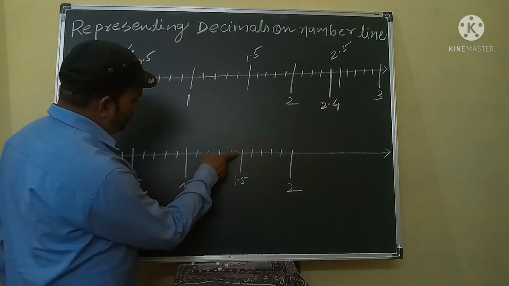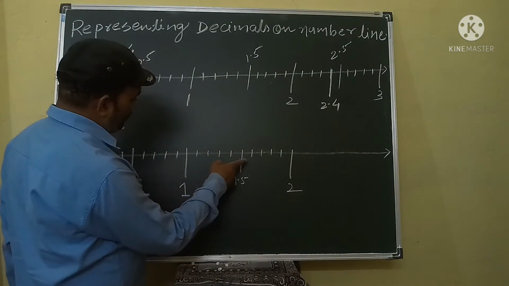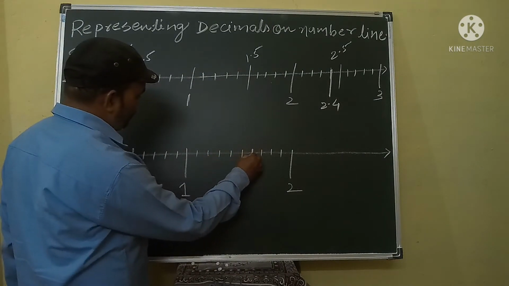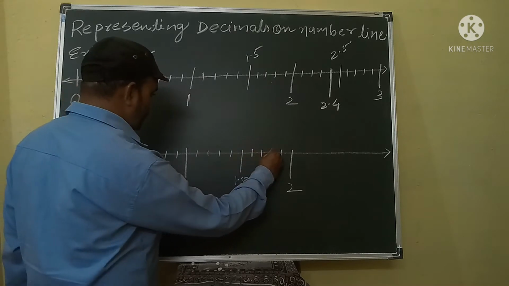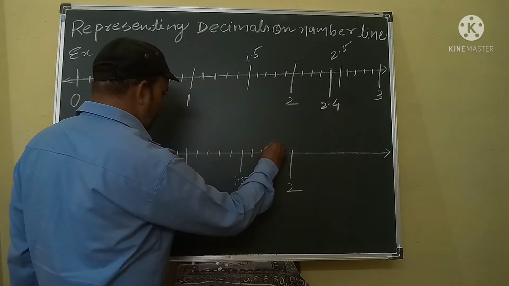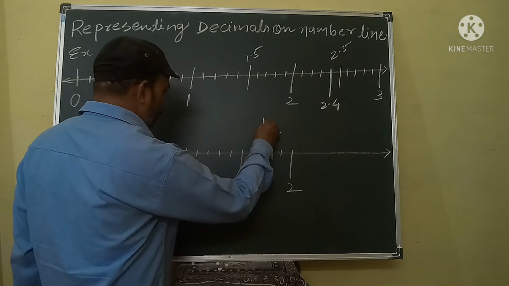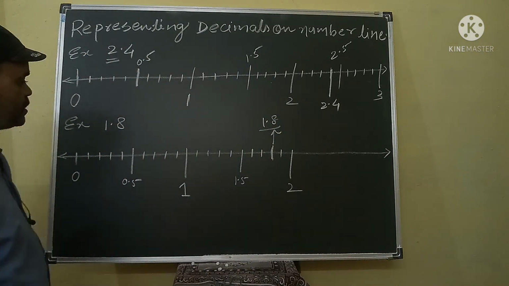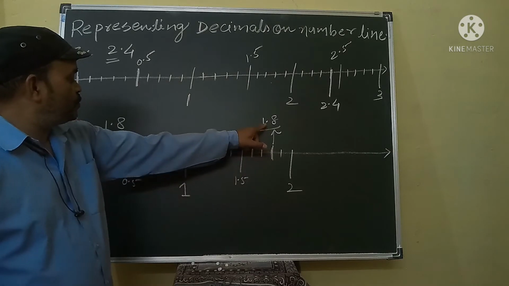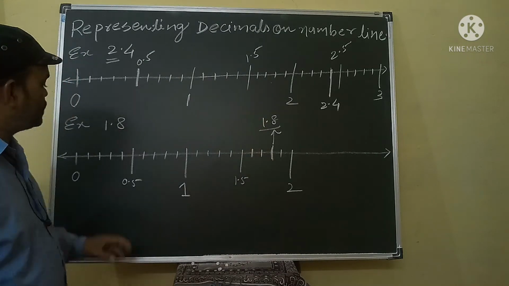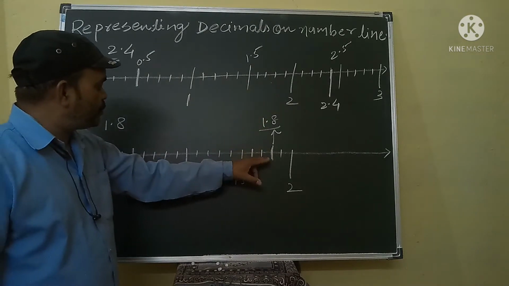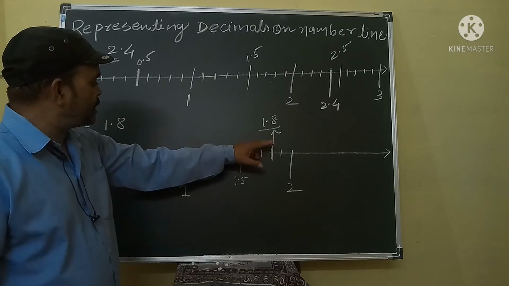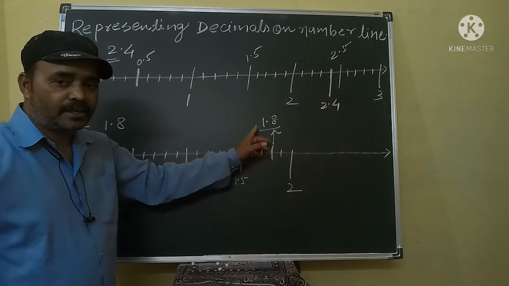My dear student, this is 1.5, then after this is 1.6, 1.7, and this point belongs to 1.8. Okay, this point belongs to 1.8. This is the actual position of 1.8 in this number line.